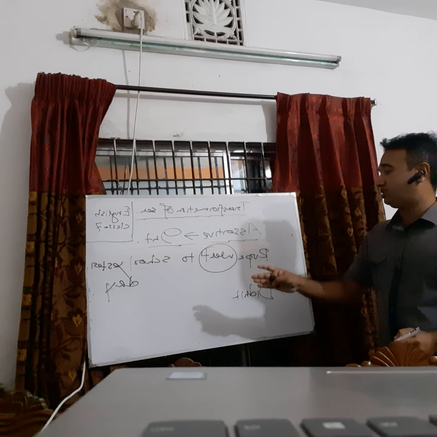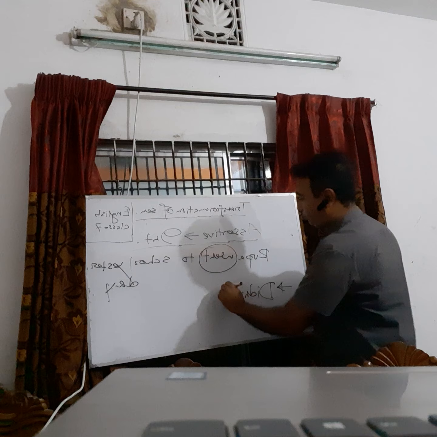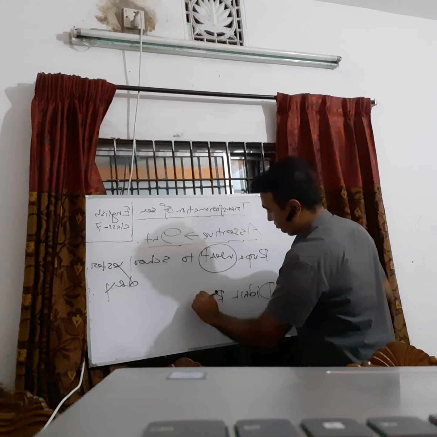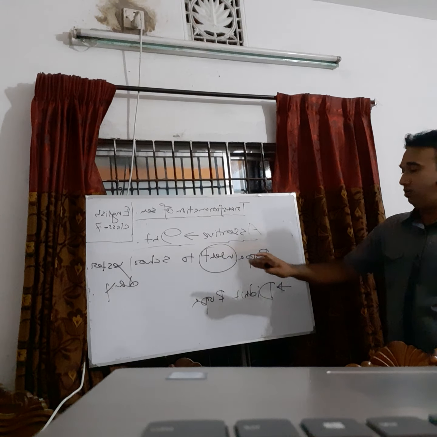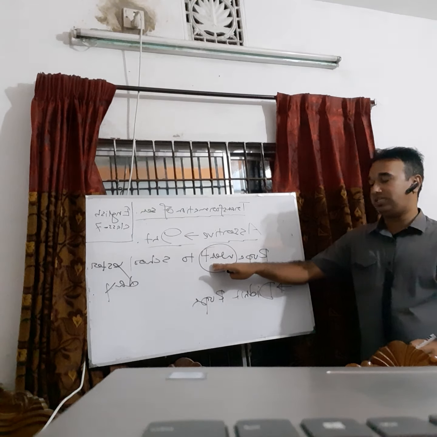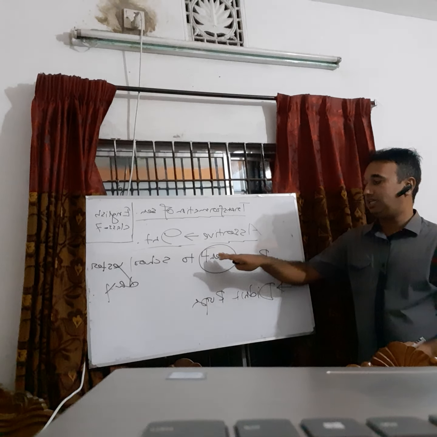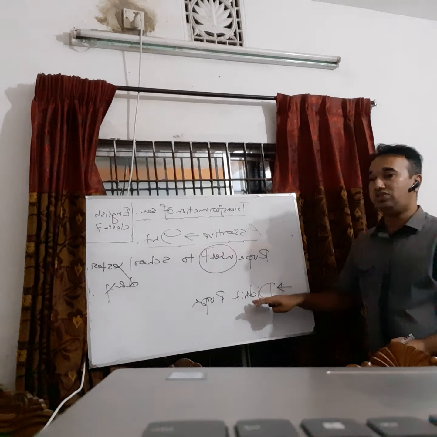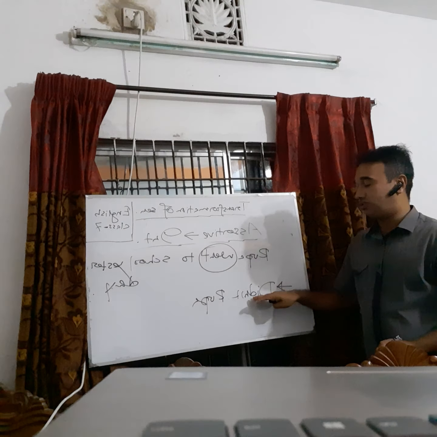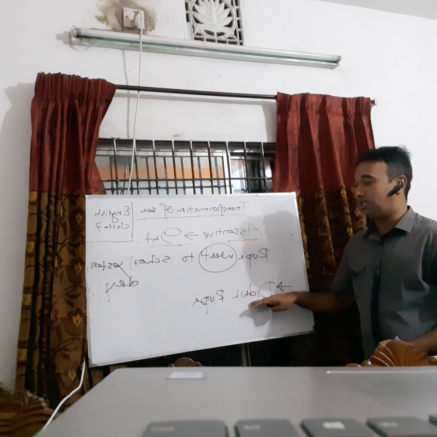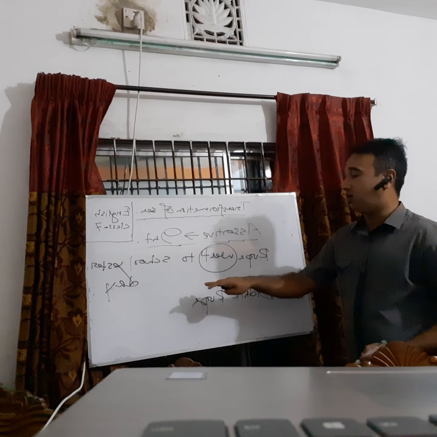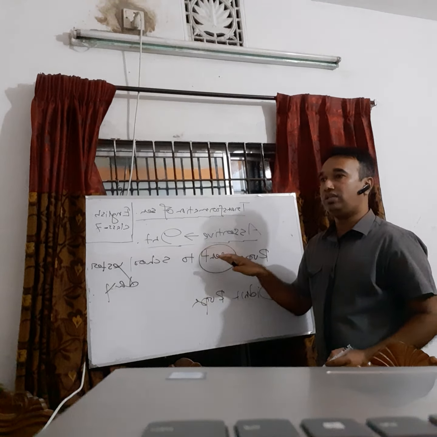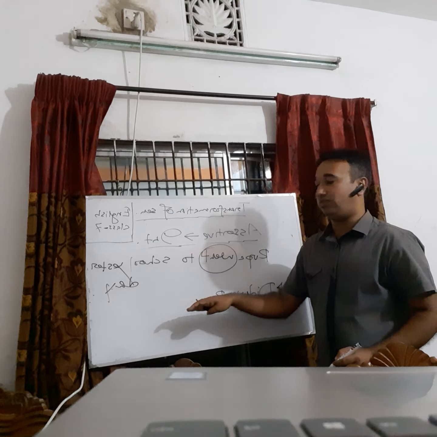Now write down the rest of the sentence. Didn't Rupa. Now another thing, went. The verb is in the past form, but when we use didn't, then you have to write down the verb in its present form.